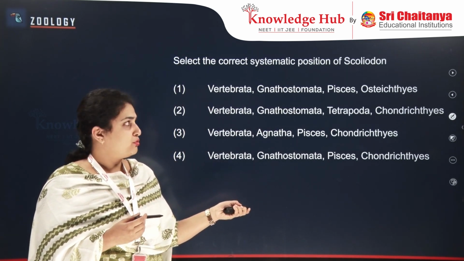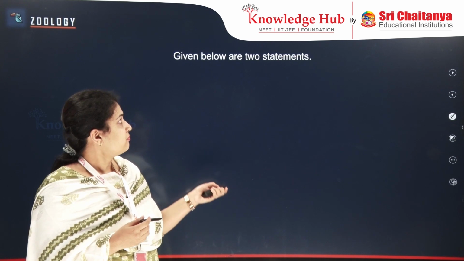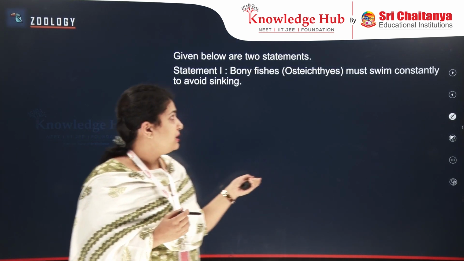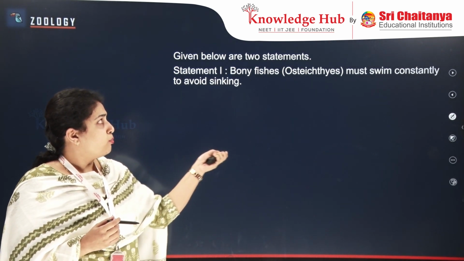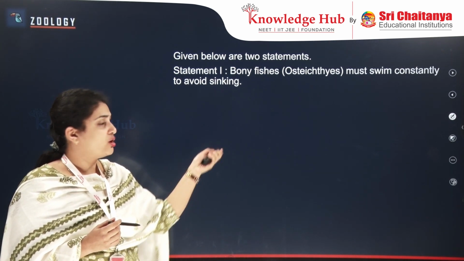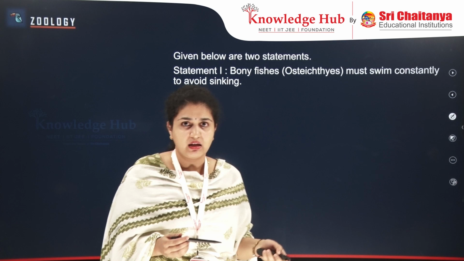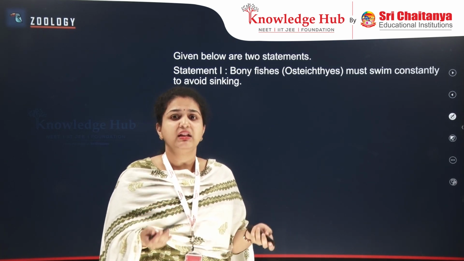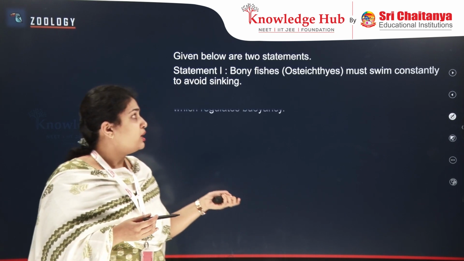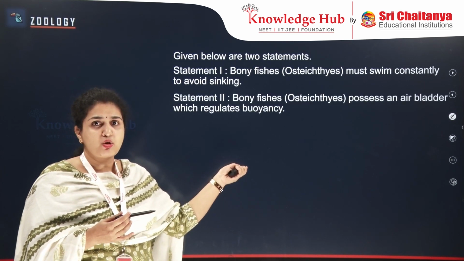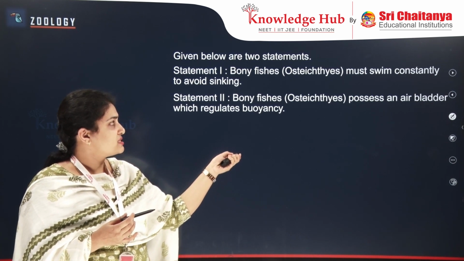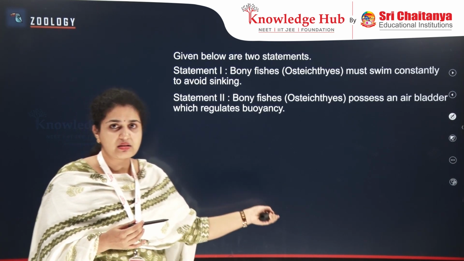Similarly, another type of question is a statement type of question. In statement 1, bony fishes must swim constantly to avoid sinking. Bony fishes have an air bladder, so why would they have to swim constantly? No need to swim, so the first statement is wrong. Statement 2: bony fishes possess an air bladder which regulates the buoyancy.